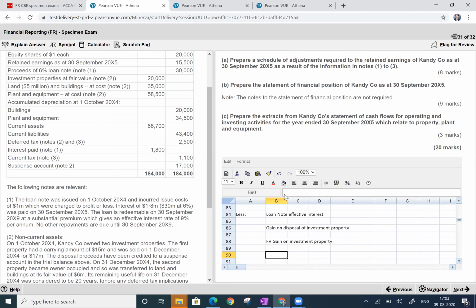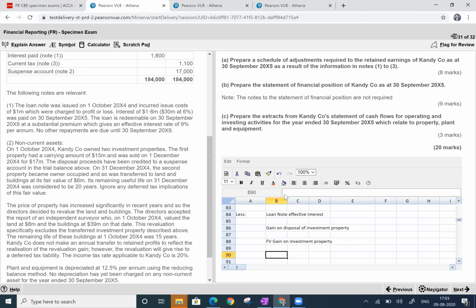That change, SOPL. Then there was a few depreciation. One, depreciation on property change of use. Just give that, then examiner will know that. No need to write in proper English.